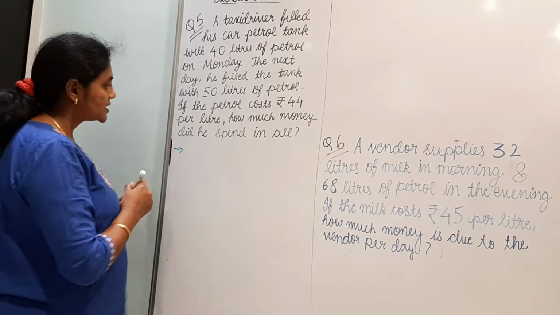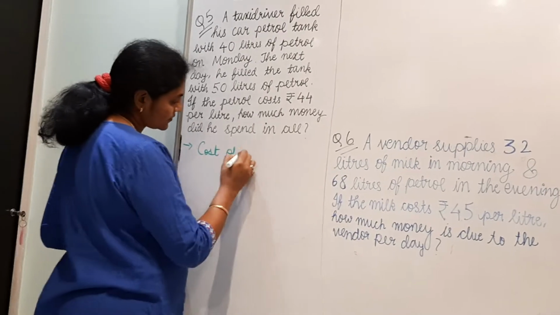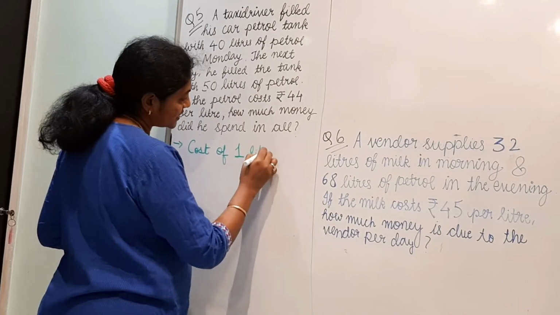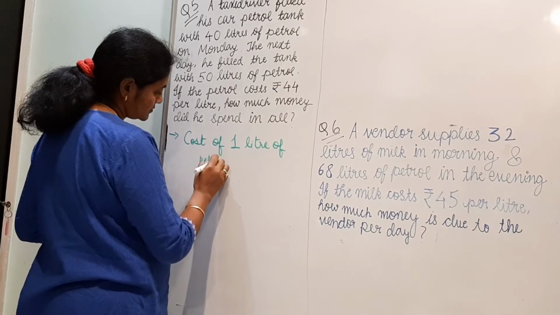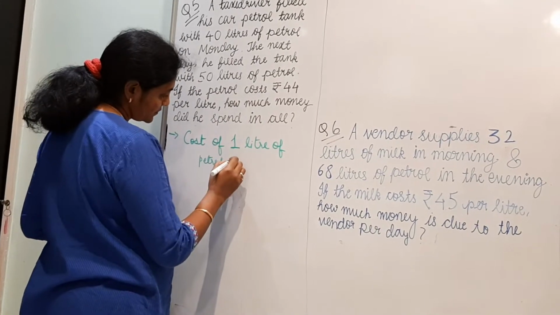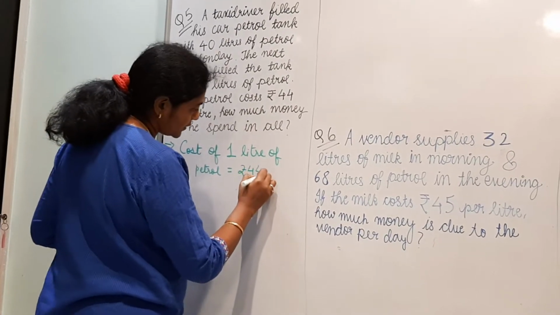So just write: cost of 1 liter of petrol is equal to rupees 44.